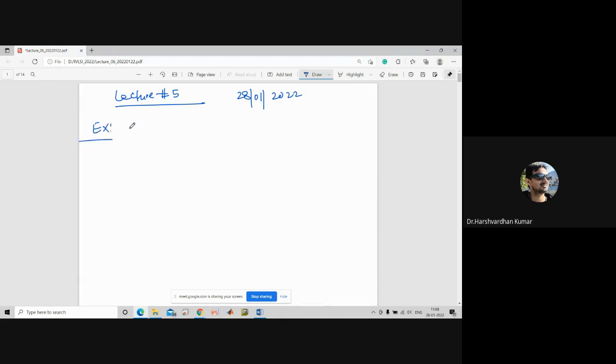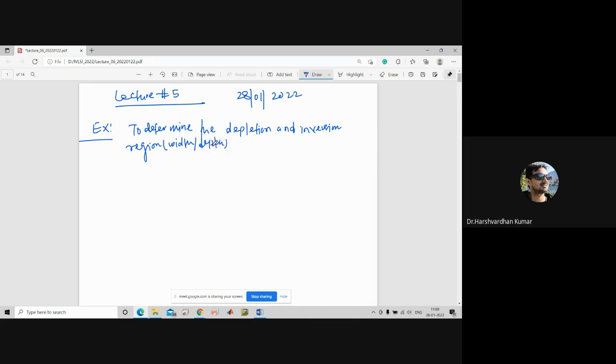Okay, so to determine the depletion and inversion region, means width I am talking about, or you can say depth.